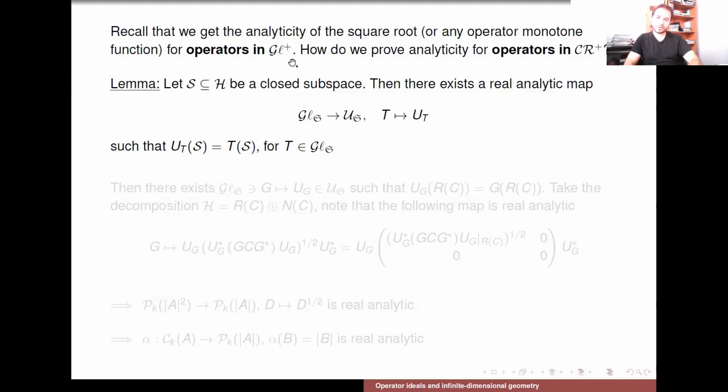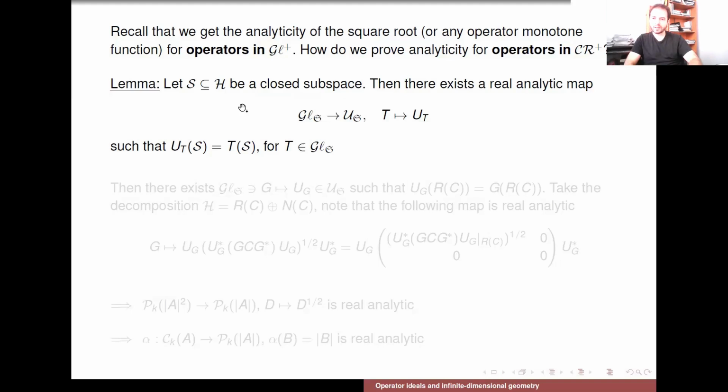This is because we need to use Ando and van Hemmen's condition that the sum of the two operators is bounded from below. So now we want to pass to the more general setting of closed range operators in our orbits.